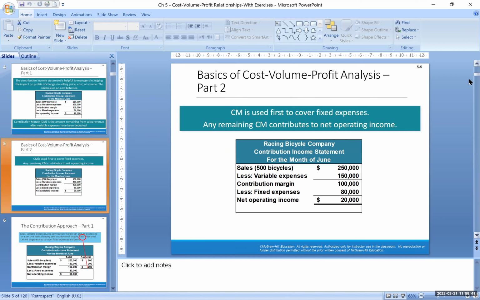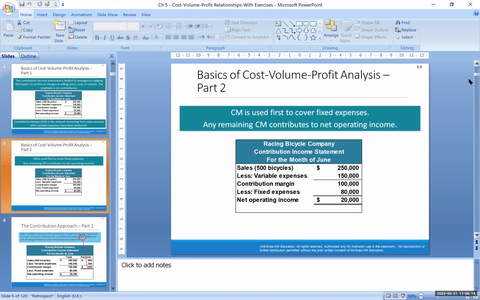Any remaining contribution margin contributes to the net operating income. So I need to cover the 80,000 according to our example, and these numbers are given. I need to cover the 80,000 as fixed expenses, and after that I start to produce a profit.